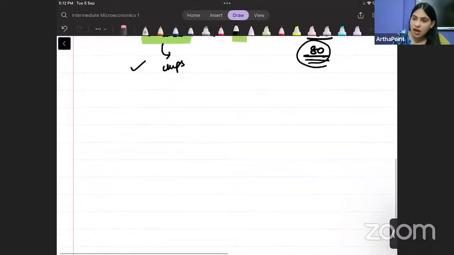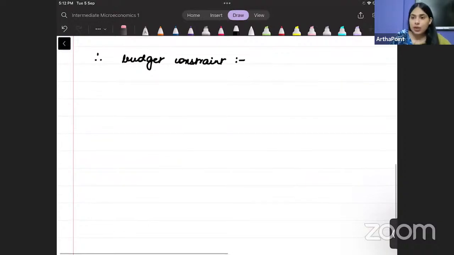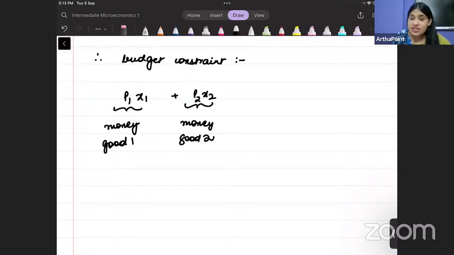So accordingly, your budget constraint, what will that be? It will be P1 X1, that means the money that you are spending on good 1, plus P2 X2, that means the money you are spending on good 2. And I cannot exceed my income. I cannot spend more than my income. So it is less than or equal to the income of the consumer.